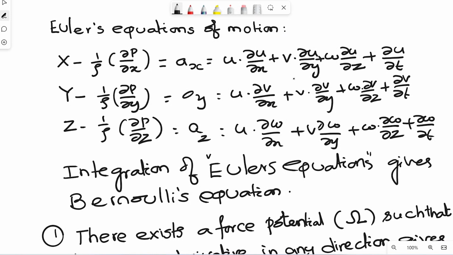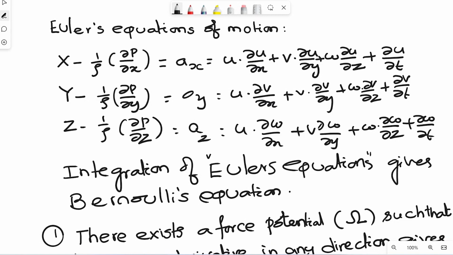But here if you see v into dou u by dou y, w into dou u by dou z, dou u by dou t, these three are actually derivatives. So we have to represent dou u by dou y and dou u by dou z also in terms of x.